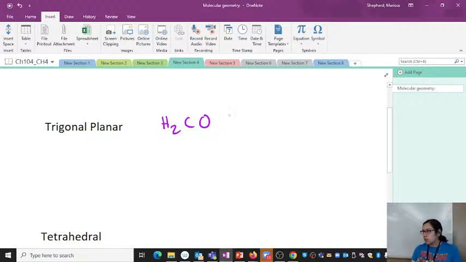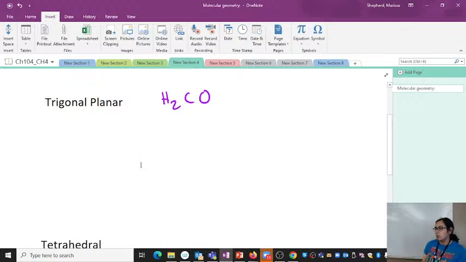So any thoughts on what this looks like? So I tried giving you a hint by putting it with this trigonal planar category.